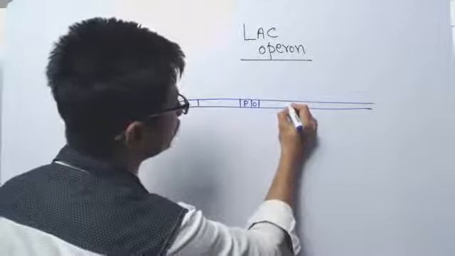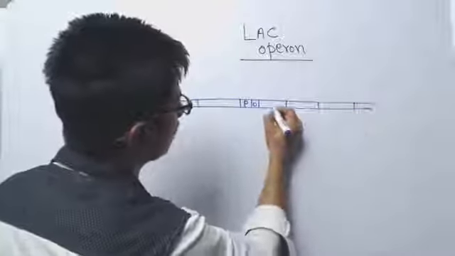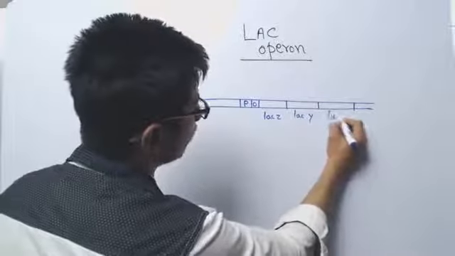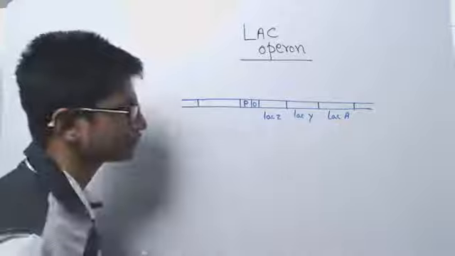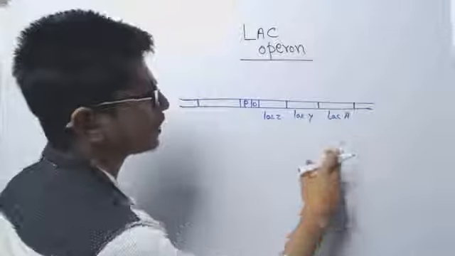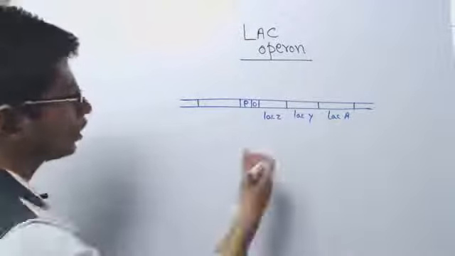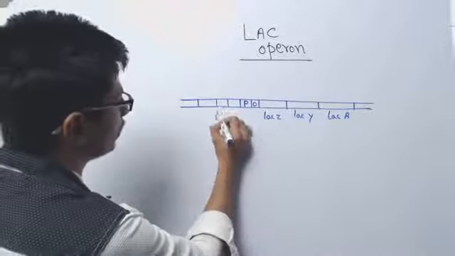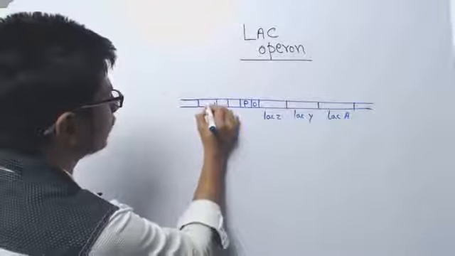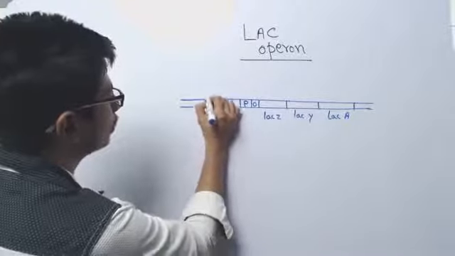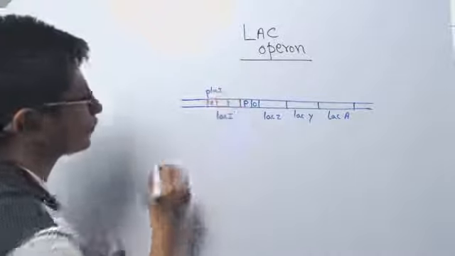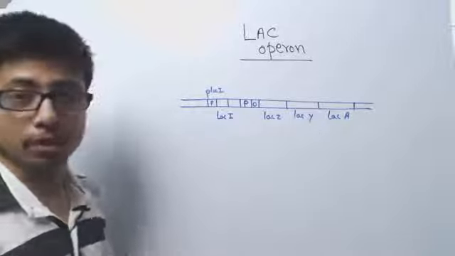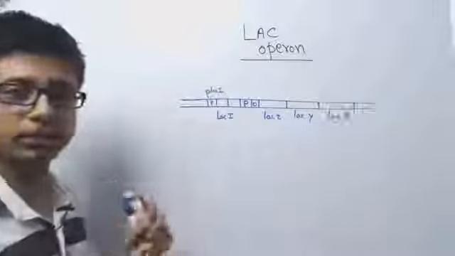There are three structural elements here: lac Z, lac Y, and lac A. Three different structural genes are present. On the upstream of the promoter, there is lac I and the promoter for lac I. Okay, so this is the constituent of the lac operon. Okay, the complete structure of the lac operon.